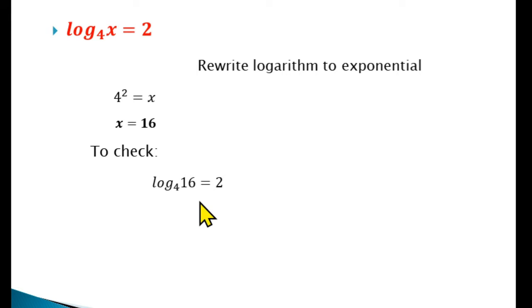So in exponential form, we have 4 squared equals 16, and we all know that 4 raised to the second power is also 16. Since we have solved our logarithm, we can now conclude that x equals 16, or 16 is the solution to our logarithmic equation.